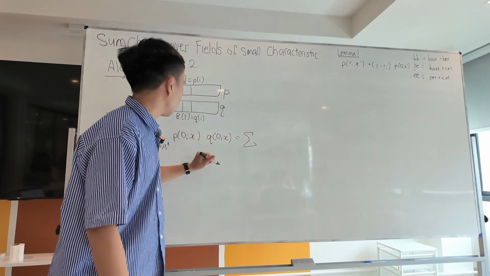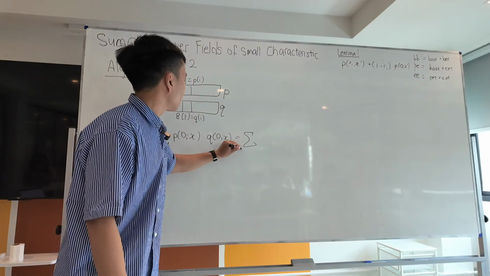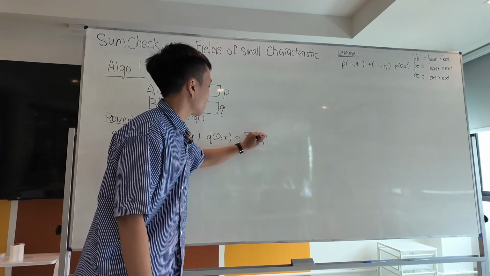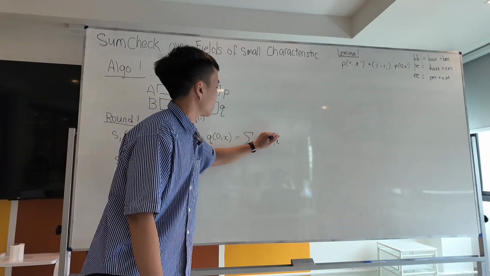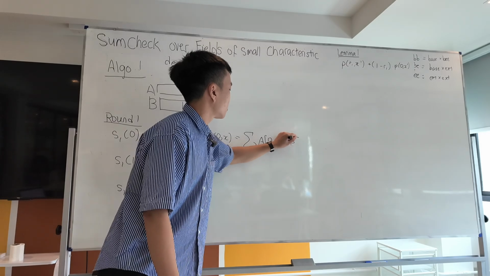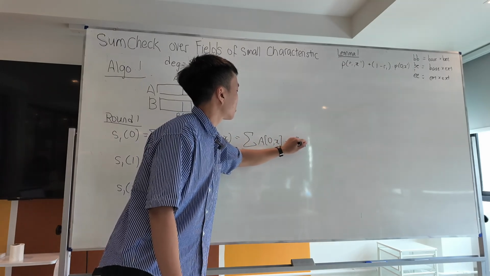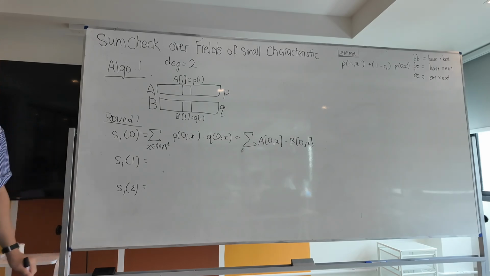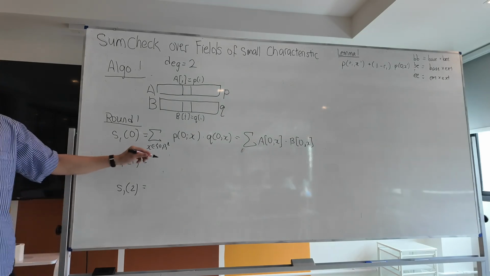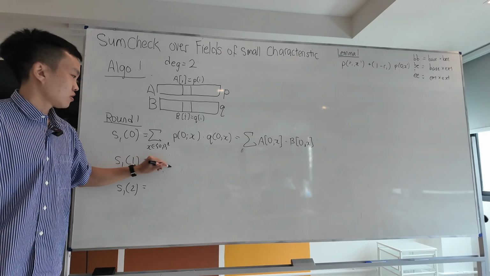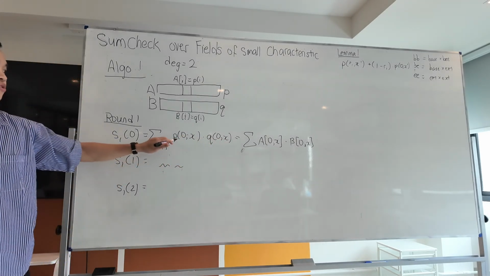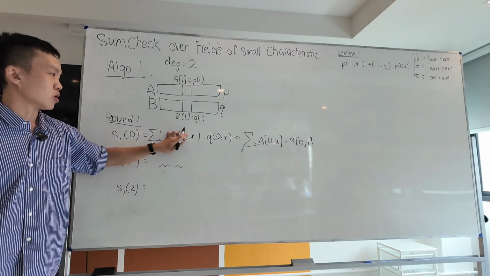So it would just be something like this. And then we do the same for S1 of x. I'll spare the writing because it's the exact same thing, except that you change the 0s with 1s.